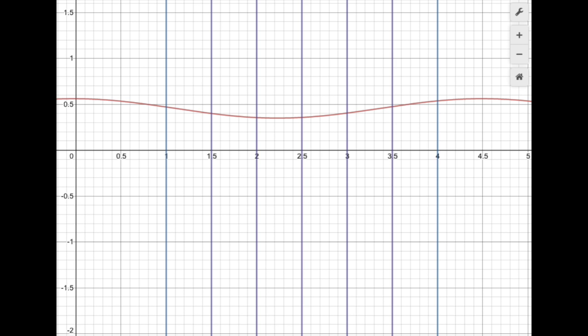To make things easier, we decided to draw a line for each trimester starting from 1. So from 1 to 1.5 is going to be our first trimester. We drew lines at 1, 1.5, 2, 2.5, 3, 3.5, and 4. That's how we mark the trimesters to make it easier to analyze the graph and see where we have our maximum points and our minimum points in the period that we must analyze.